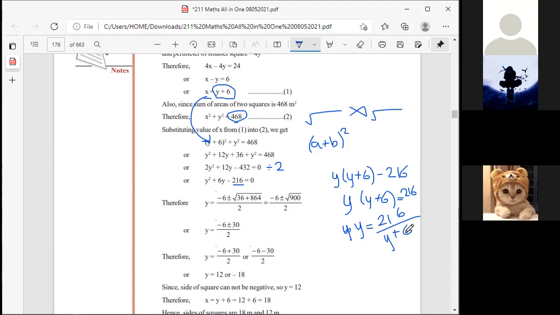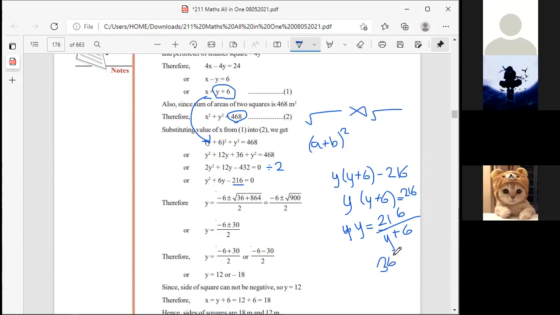And then this we can take as the square root. If we try to remove the root, then 216, 36 into 6 is 216.